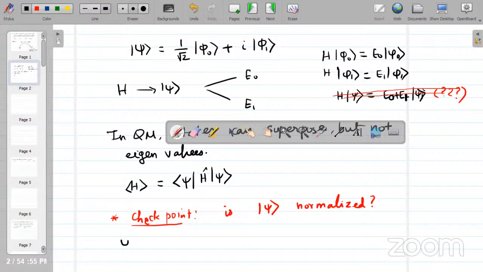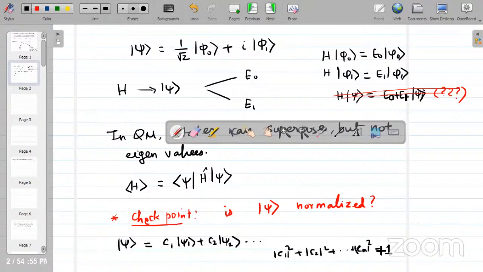The general condition is psi is equal to C1 phi naught plus C2 phi 2, like that. Then the mod square of C1 plus mod square of C2, up to mod square of Cn, is equal to 1. This is the normalization condition.